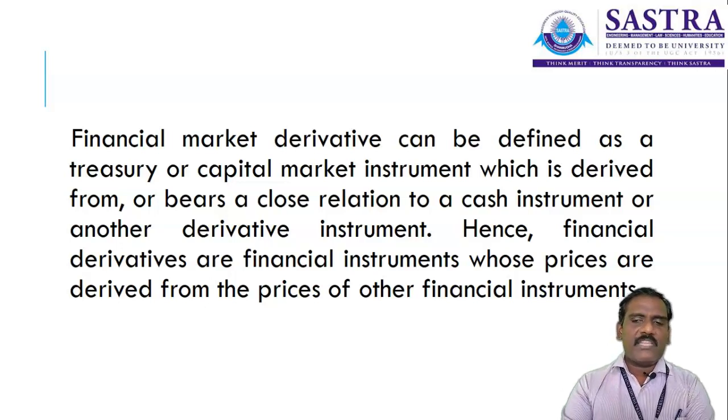So while entering into financial derivatives, it is purely based on the underlying financial instrument, comparing the price available in the spot market, based on which the future market price, or the financial instrument's price, is determined under this condition.